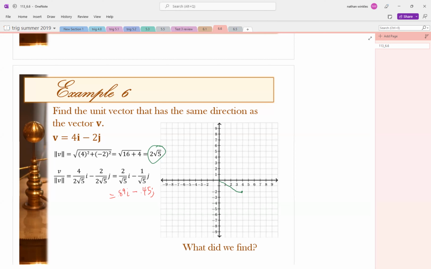So 0.89 and negative 0.45 gives me a vector in the same direction, but it's a lot shorter than the one that we have here. So all we did was find a scalar multiple of our original vector.